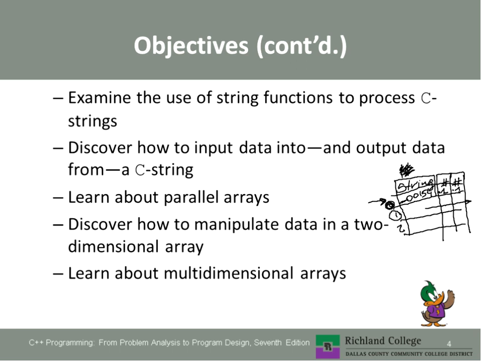So how do we manipulate data in a two-dimensional array? When we have 2 dimensions, that means we have to process something. We have more of a table, right? But why is it a 2-dimensional array? Not like in my previous example, which was a parallel array.